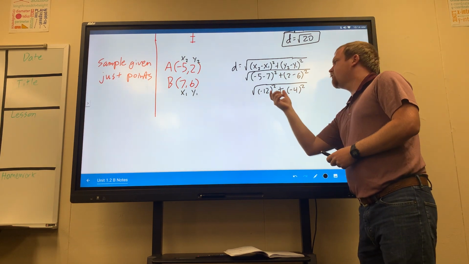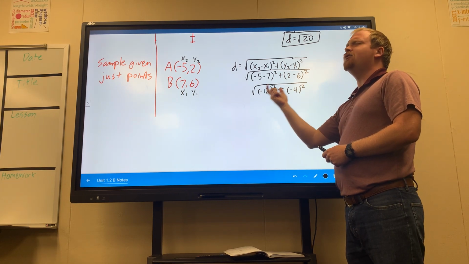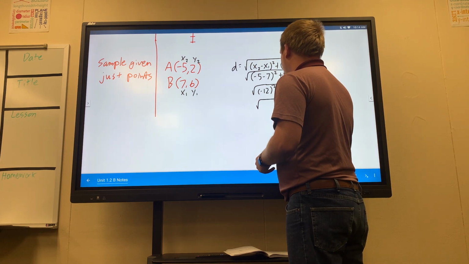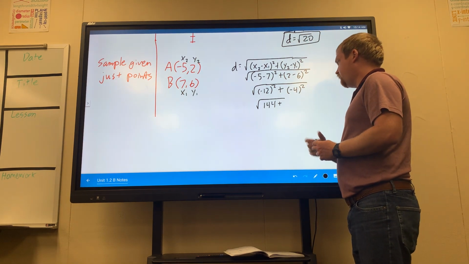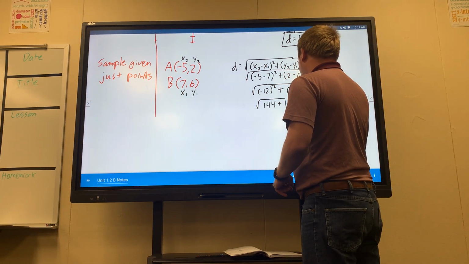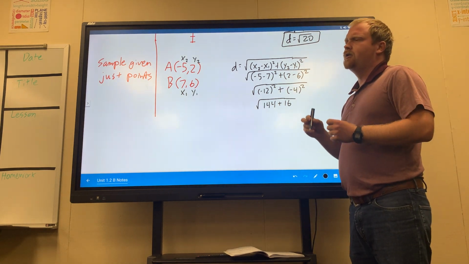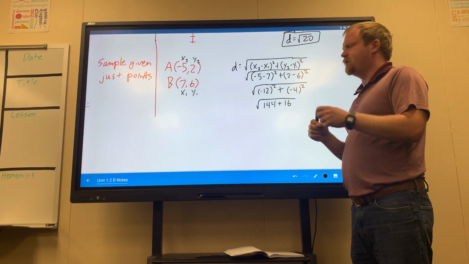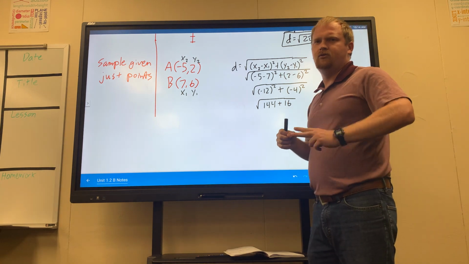Now all I have to do is square both of them. Negative 12 squared is going to give me 144, plus negative 4 squared is 16. Remember, they're both positive because squaring is taking the negative times the negative again. Square tells me that I'm multiplying it by itself two times.